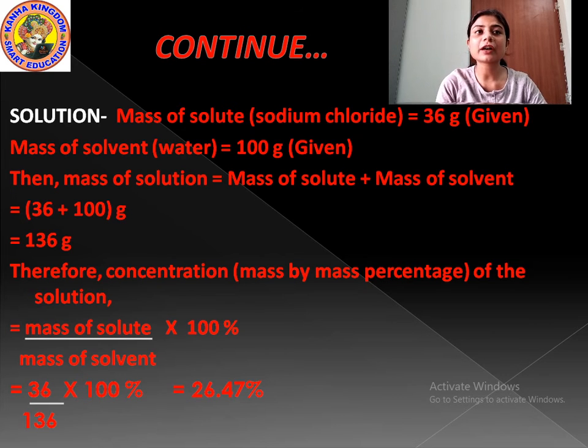The formula is mass of the solute divided by mass of the solution into 100. So it will be 36 divided by 136 into 100%.